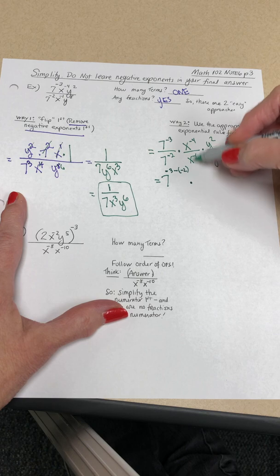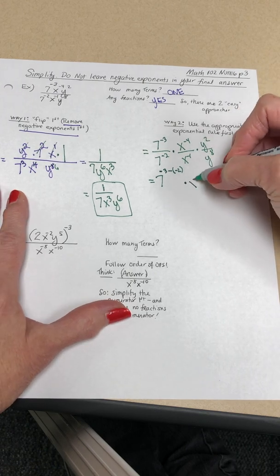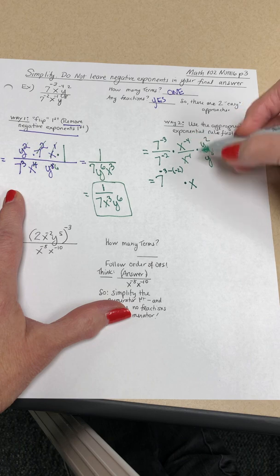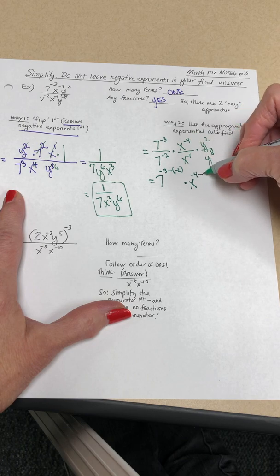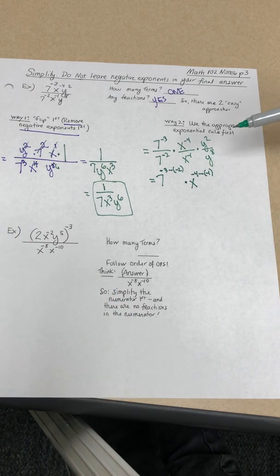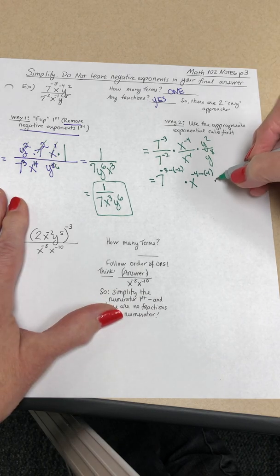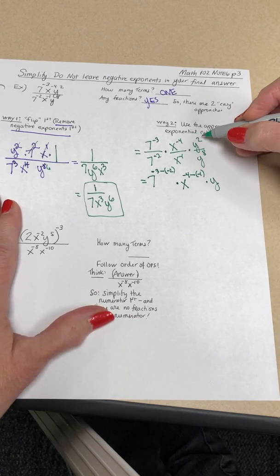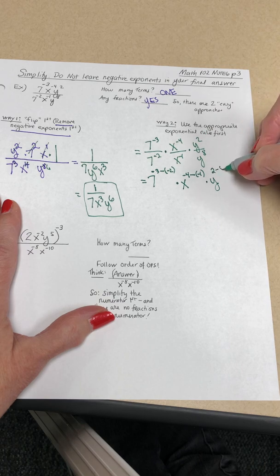Times, dividing the same base, keep the base the same, subtract the exponents, top exponent minus the bottom exponent. We get a double negative that way. One of the most common mistakes when doing it this way is overlooking the double negative. Times, do this for the y's, dividing the same base, subtract the top exponent minus the bottom exponent.